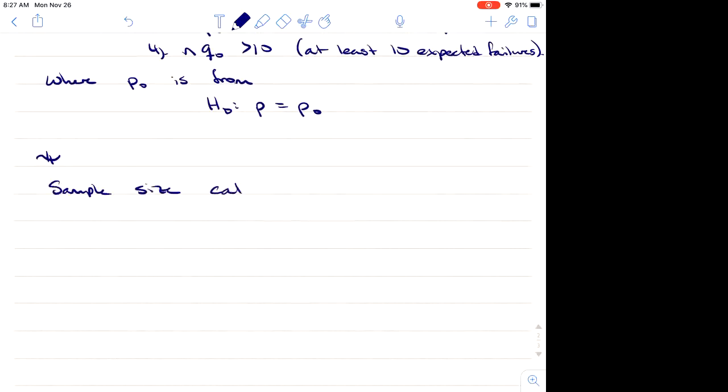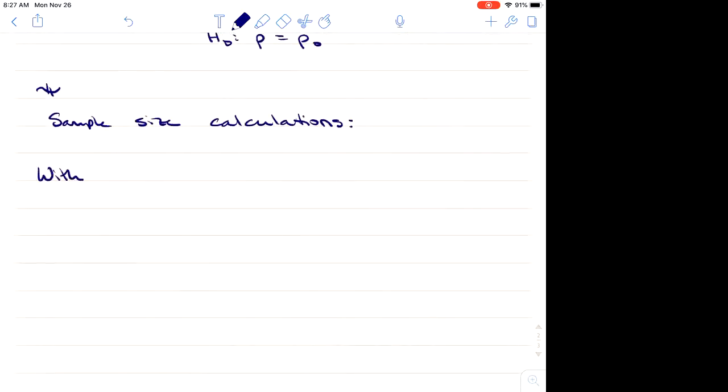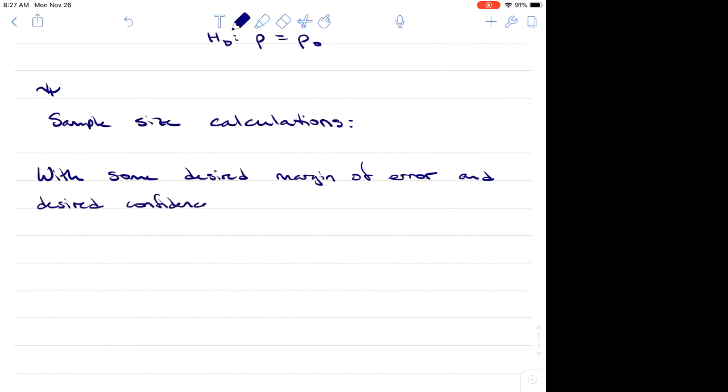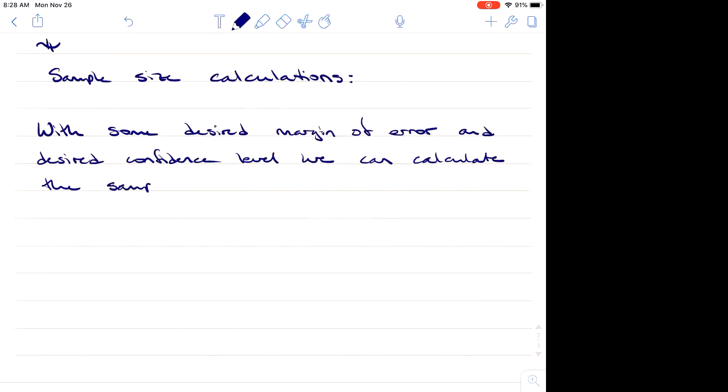For sample size calculations, as long as we have some desired margin of error, which I think we've talked about maybe once, but I'll show you what it is, and desired confidence level, we can calculate the sample size needed.